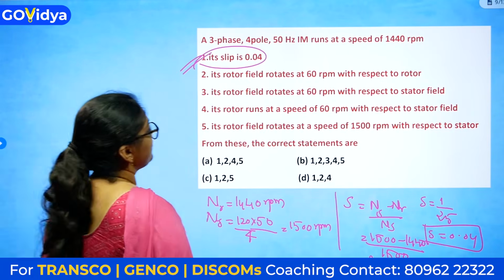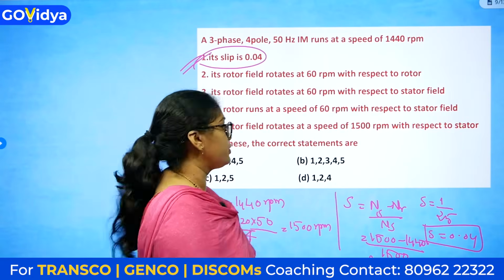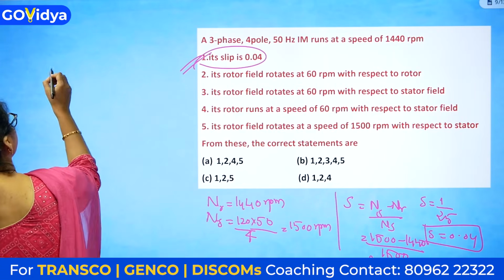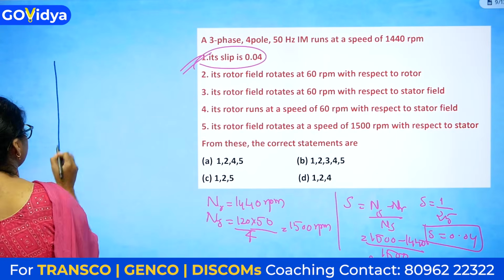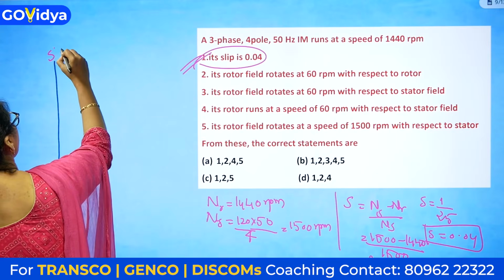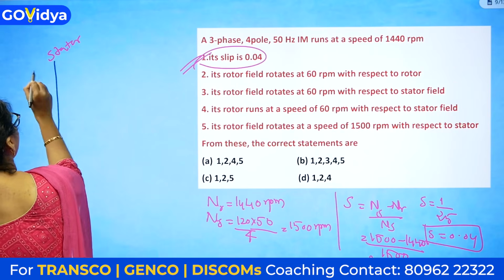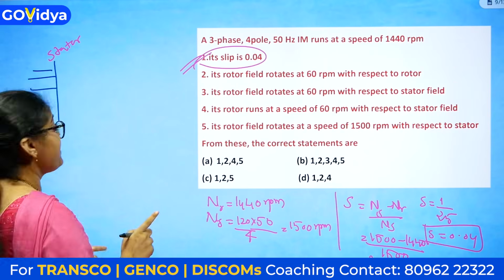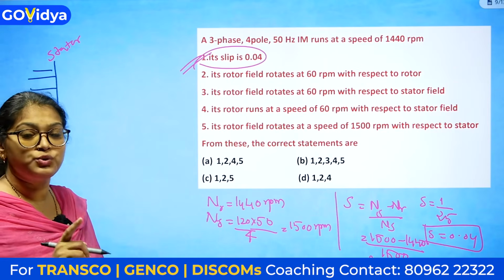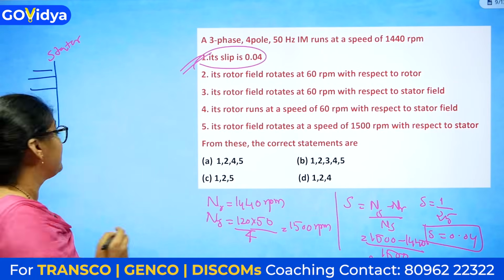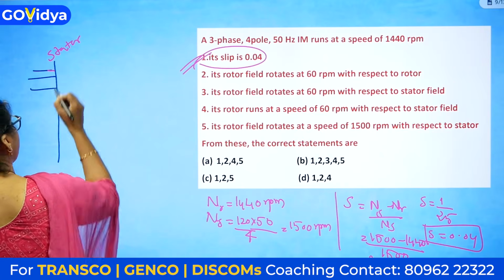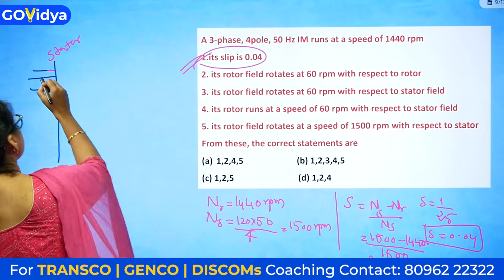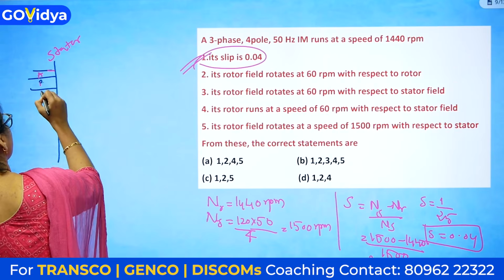Next statement: its rotor field rotates at 60 rpm with respect to rotor. So what we do is, we'll make a diagram of that. So this is the stator and I'm giving a 3-phase balanced supply to the distributed winding. Then I will get a rotating magnetic field. The sequence I am giving here is ABC sequence.